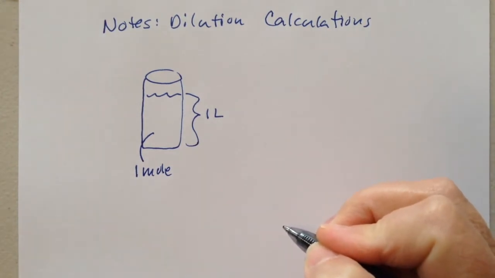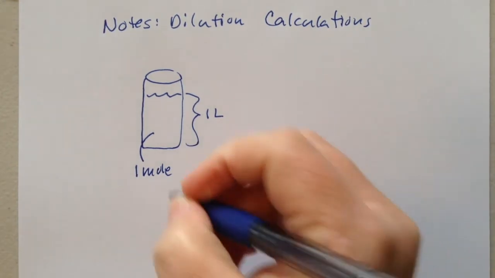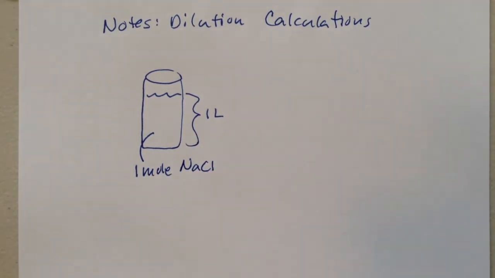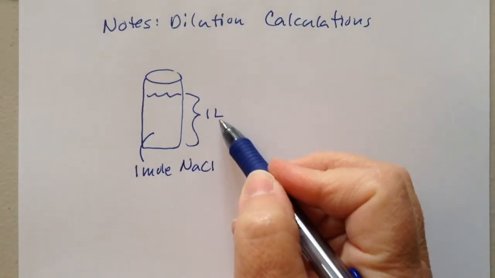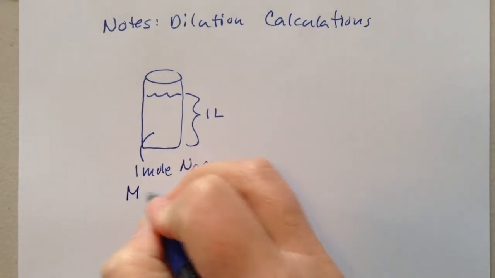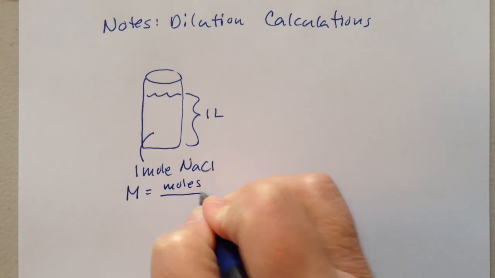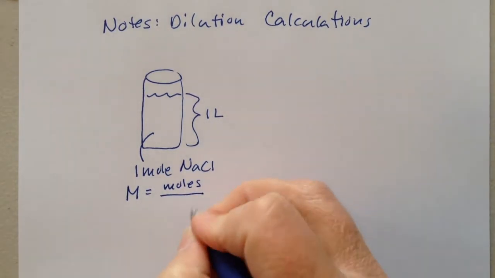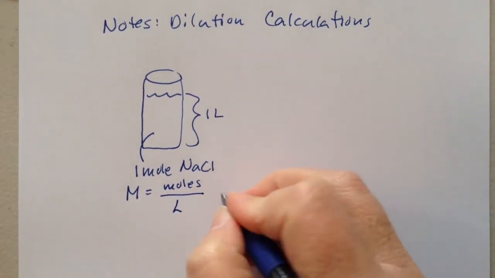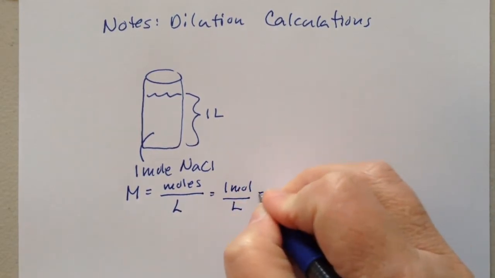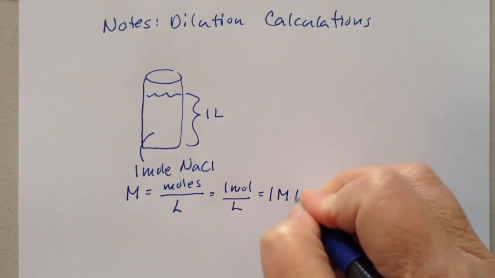So let's say that green food coloring was really sodium chloride. You had 1 mole of sodium chloride, so you made some salt water. If you have 1 mole in 1 liter, then you can say that molarity is number of moles of solute, which is like the salt, divided by liters of solution. So we had 1 mole per liter, or 1 molar NaCl.